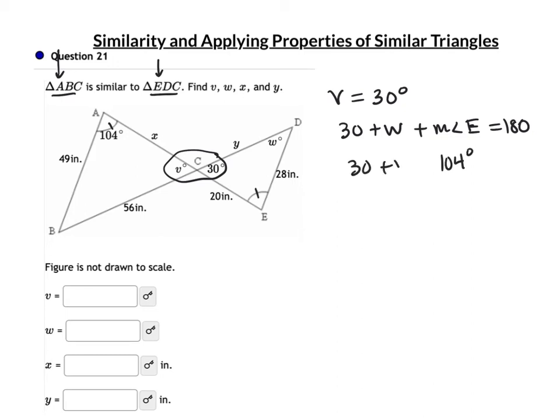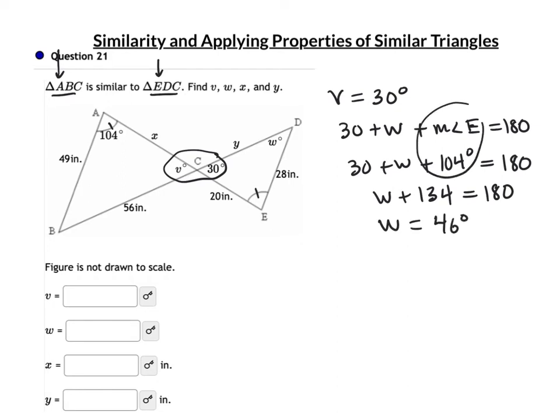30 plus W plus 104 is 180. That's W plus 134 is 180. We'll subtract 134 from both sides, and 180 minus 134 is 46. W is 46 degrees.